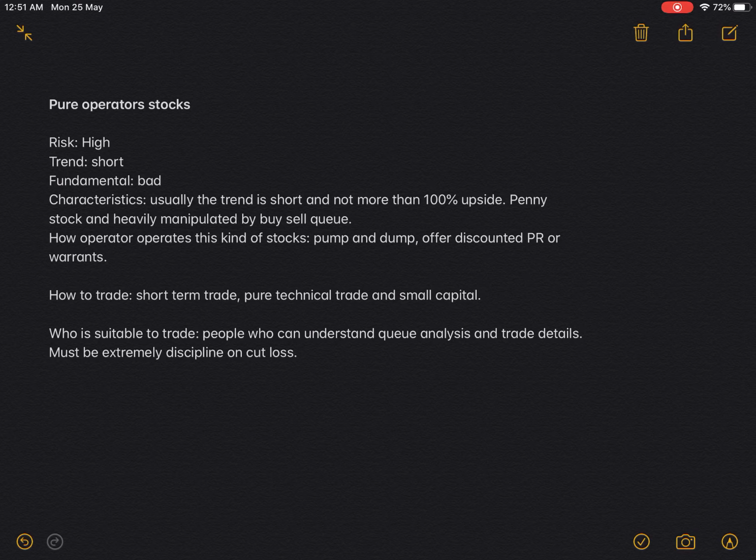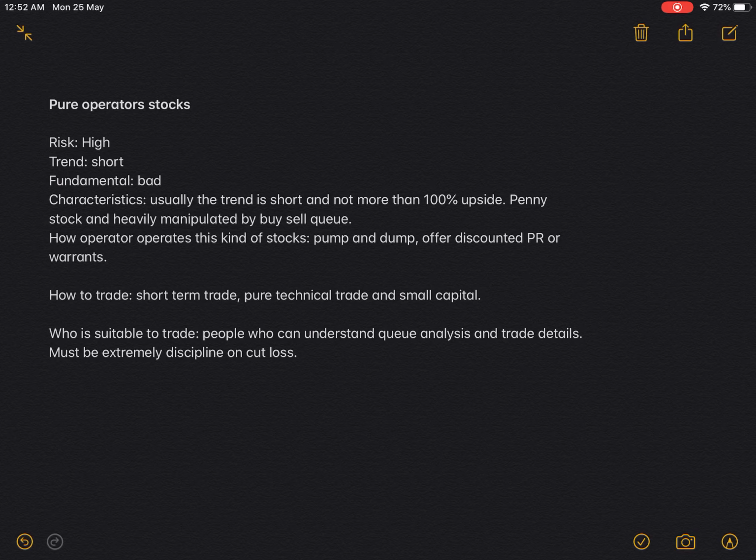Okay, and another way to operate these kind of stocks, they offer discounted PR preference shares or warrants. Like for example, okay, now the share is 20 cents. I pump up the stock to 40 cents, and I issue warrants or preference shares at 30 cents, and I give you a discount.